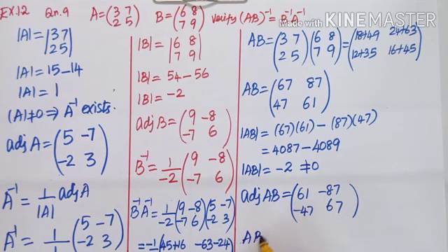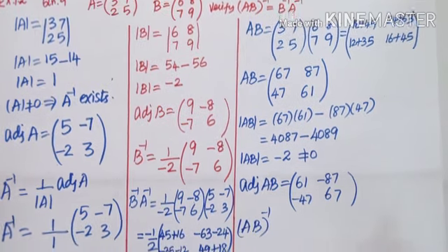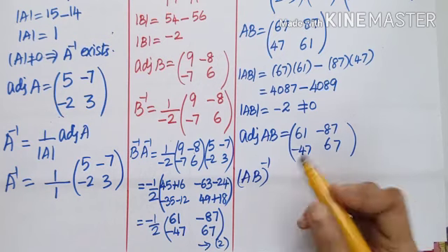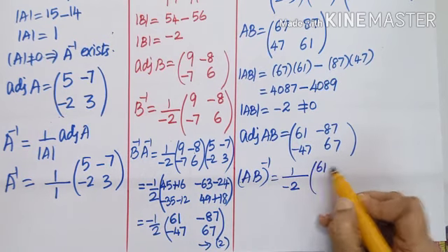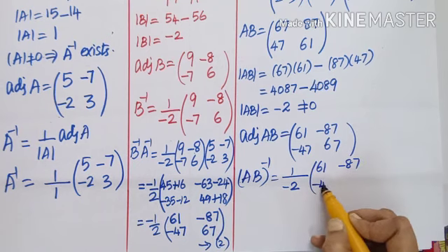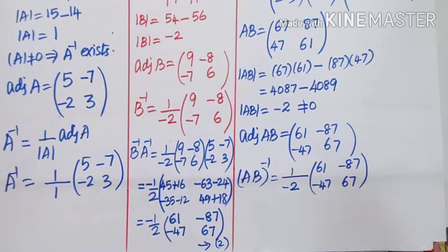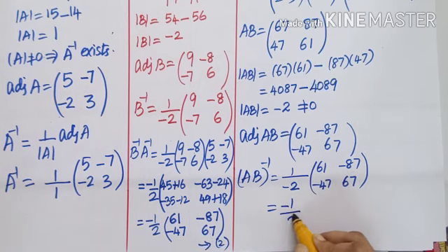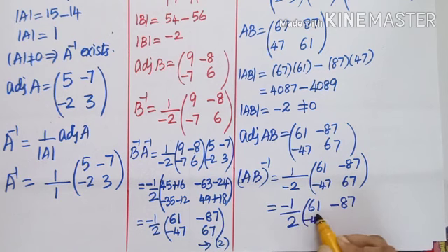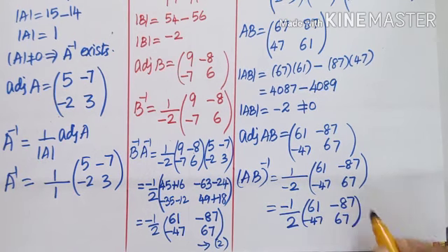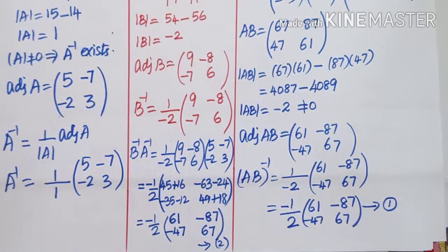Now I write (AB) inverse, which is 1 by minus 2 times 61, minus 87, minus 47, 67. The minus sign we treat in the numerator: minus 1 by 2 times 61, minus 87, minus 47, 67. Call this number 1.